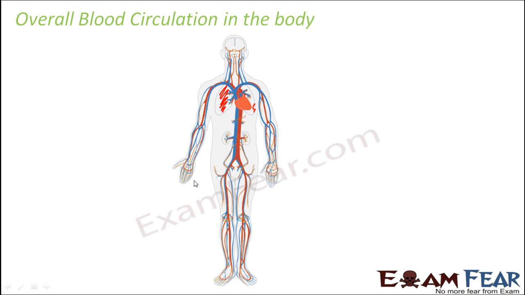Now from different parts of the body, the deoxygenated blood comes in and it enters the heart through the right auricle, and now the right auricle sends it to the right ventricle. From the right ventricle it goes back to the lungs. Again the lungs take out the carbon dioxide from the deoxygenated blood and push the carbon dioxide outside through the nostril, and take in oxygen and make the blood oxygenated, and this process keeps on continuing, and that is how blood circulates throughout the body.